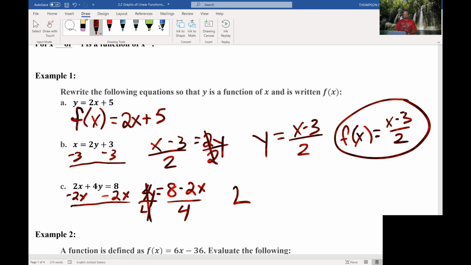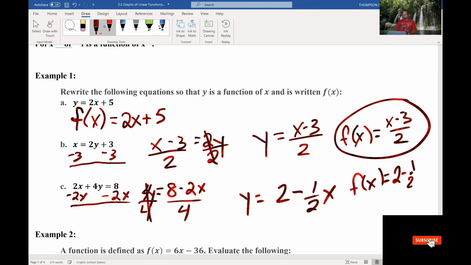Let's write our y first. 2, and we can simplify, negative 1/2 x. And we just write in f of x equals 2 minus 1/2 x, and we are done.